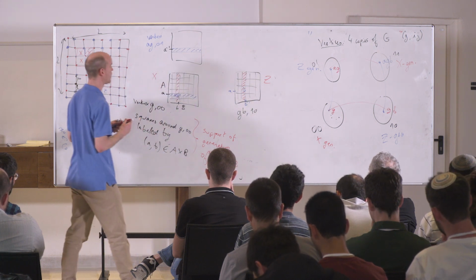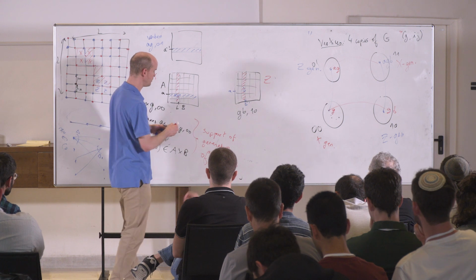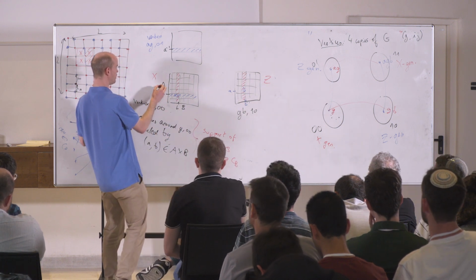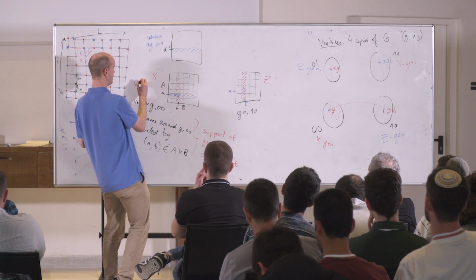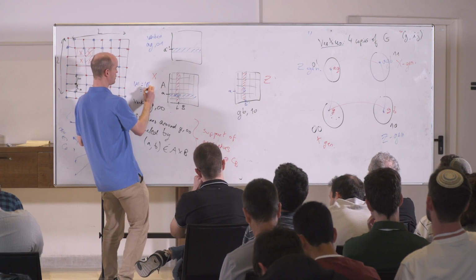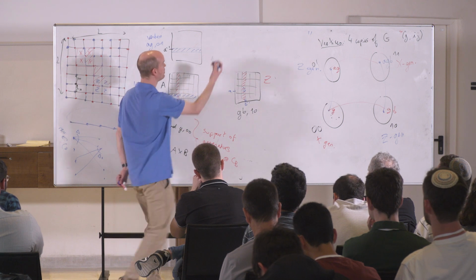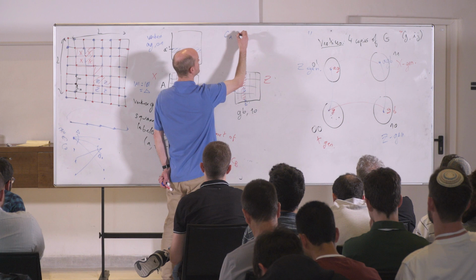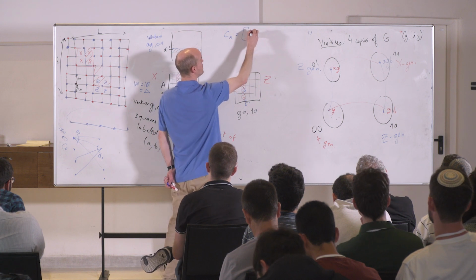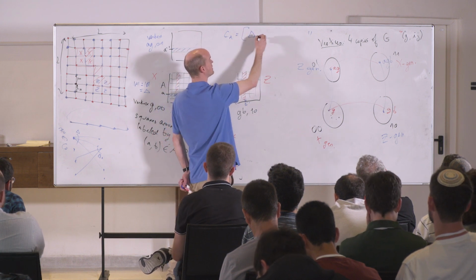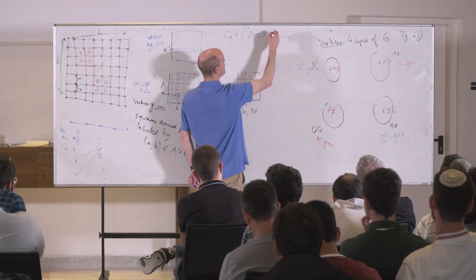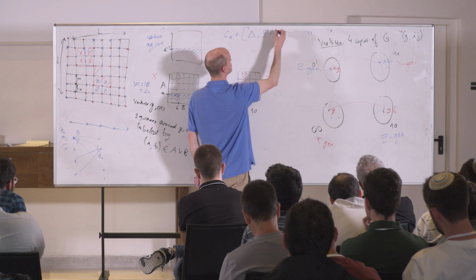So let me remind you what this means. CA times CB, so A and B are both of size delta. So A equals B. I will pick two classical codes. CA will be a classical code of length delta with some rate and some distance.